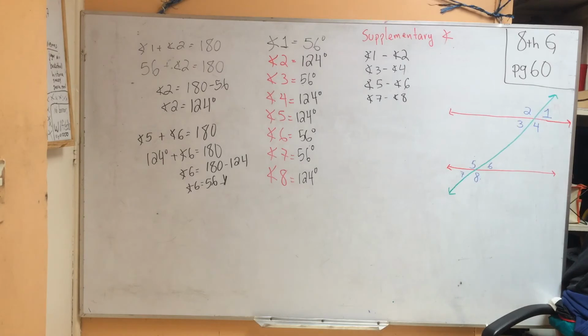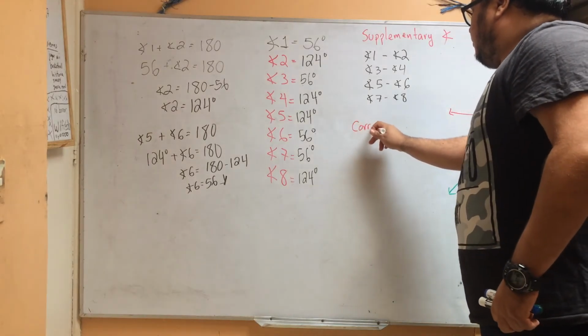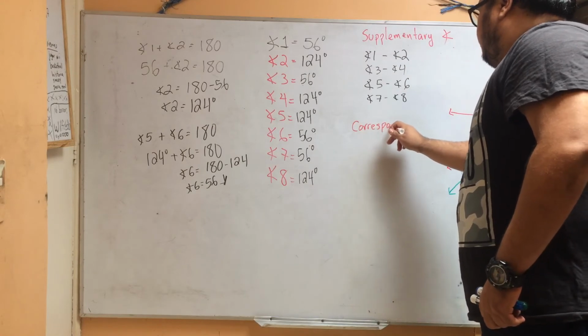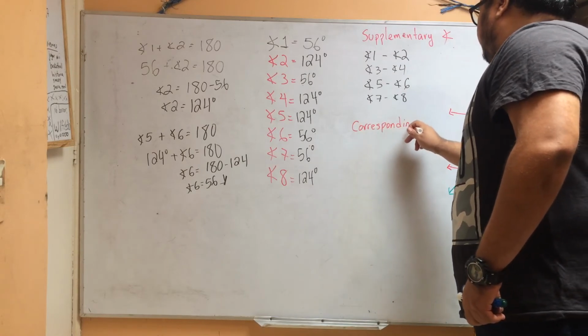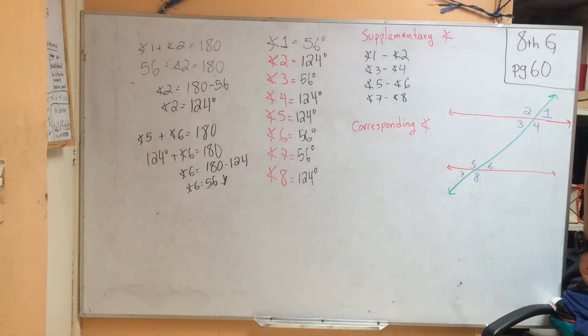They also asked us for corresponding angles. So let's put it here. Corresponding angles are the ones that have the same measurement because of the transversal line.